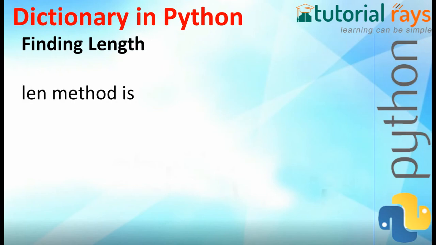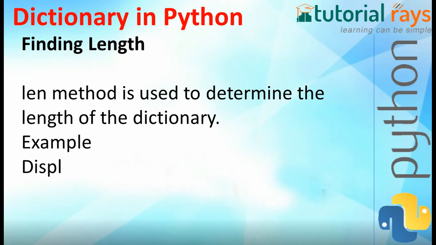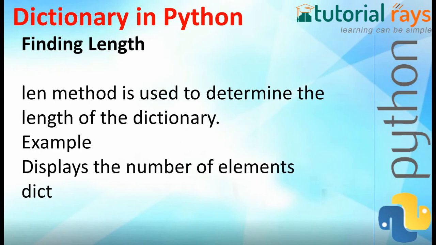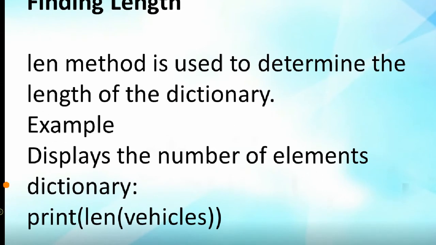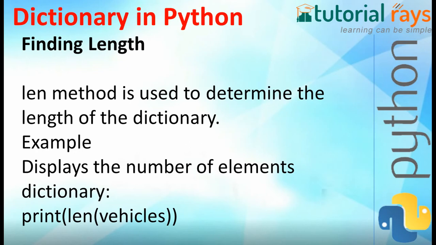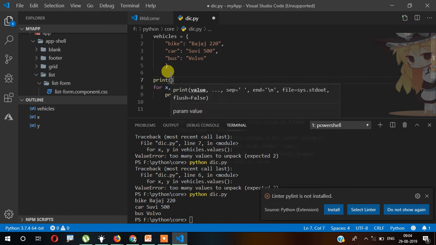Finding length. You have already seen that using the len method, the length of the dictionary can be displayed. So this is the syntax to display the length. For example, in our case, if you want to display it, let's write here print, and inside that it will be len, and then vehicles.